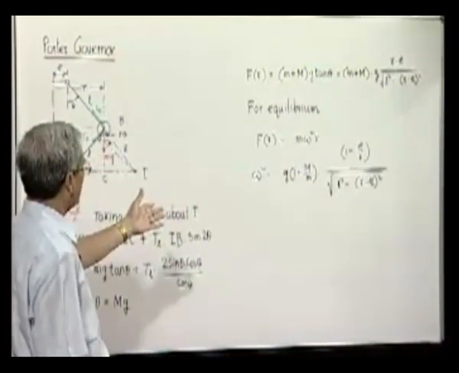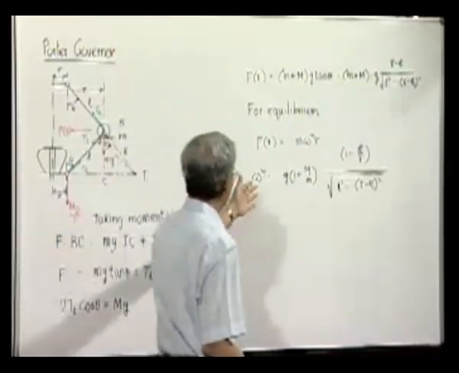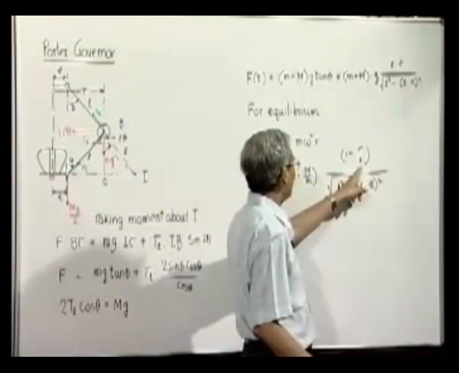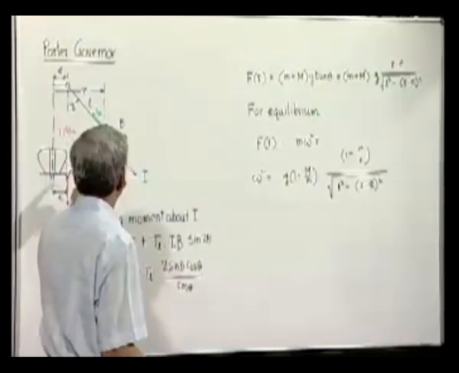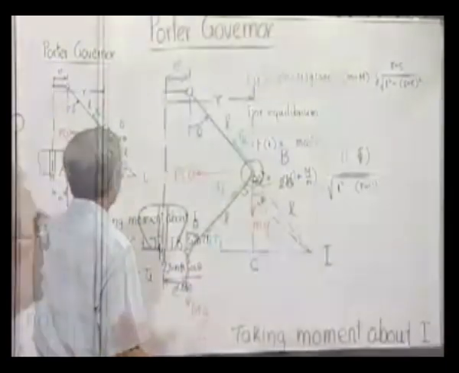So, now we get that for a given speed omega when it runs, the equilibrium value of the radius at which the sphere must be, and correspondingly the location of the sleeve will be.